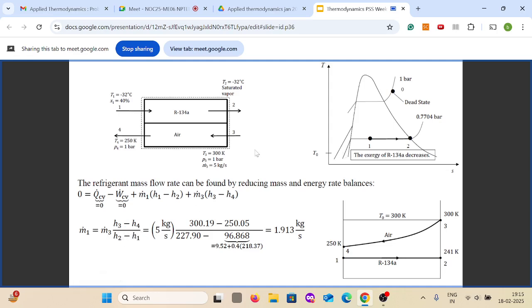My mass flow rate of air is 5 kg per second, and substituting the enthalpy values, I'll get 1.913 kg per second. That is the mass flow rate of refrigerant, and the enthalpy and entropy values I can get from the refrigerant chart, and for water the steam table.